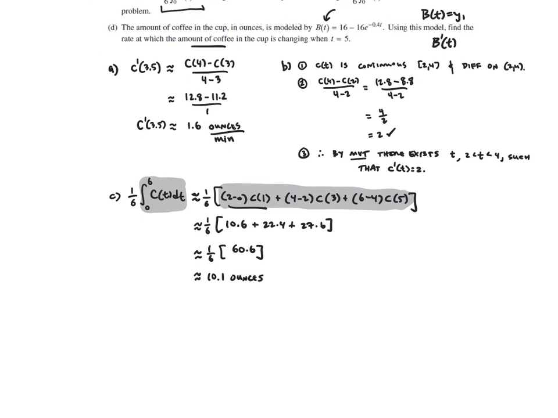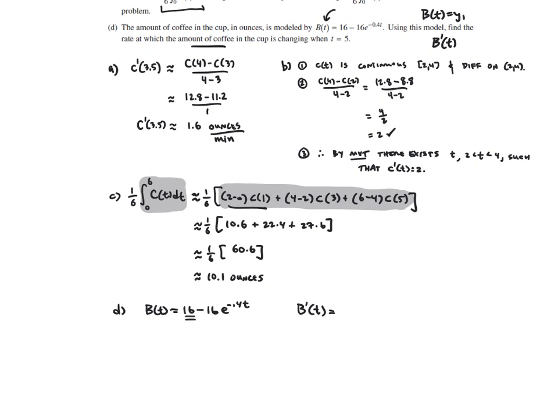Okay, so I'm going to scroll down here, work part D. This will be the end of our lesson here in just a moment. Okay, so B of t is equal to 16 minus 16 e to the negative 0.4t. I see some chain rule coming to us. The rate of change of the amount of coffee in the cup is going to be modeled by B prime of t.